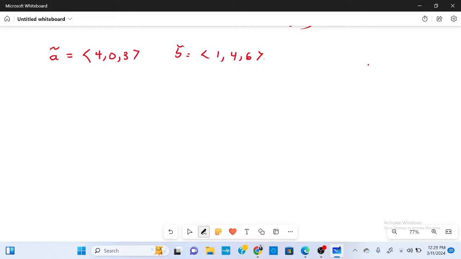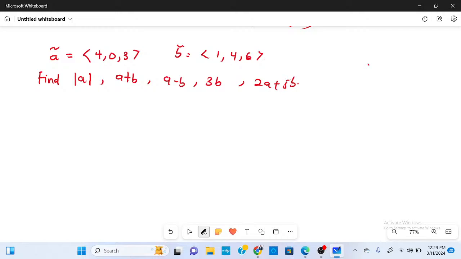At this point, the problem is: find the magnitude of A, find A plus B, find A minus B, find 3B, then find 2A plus 5B. This is a basic problem in vectors.